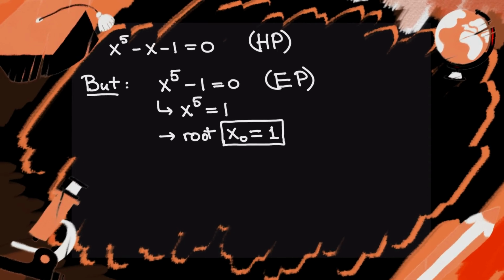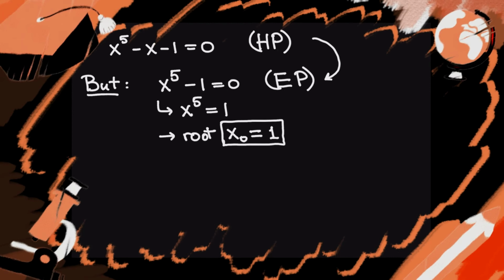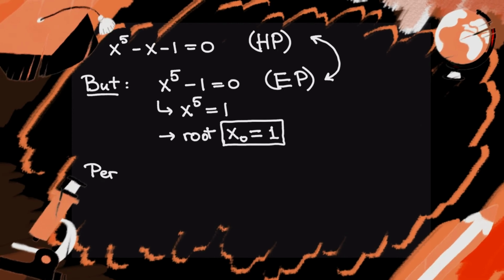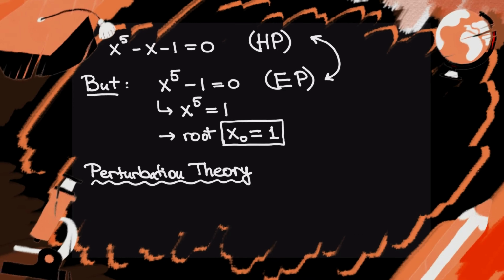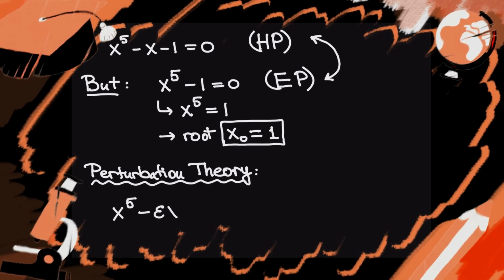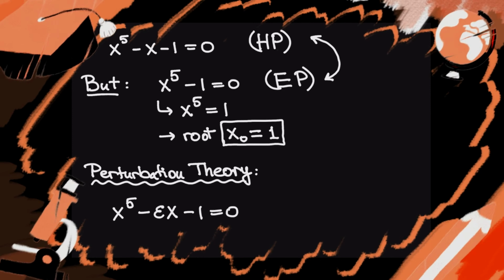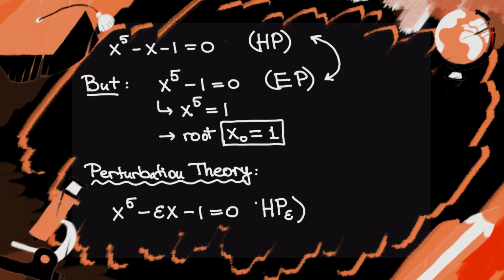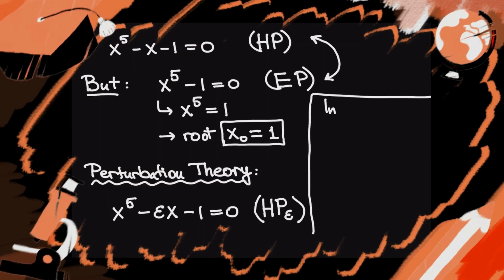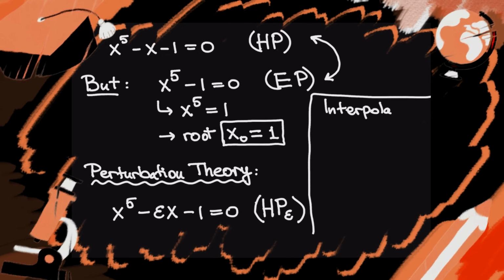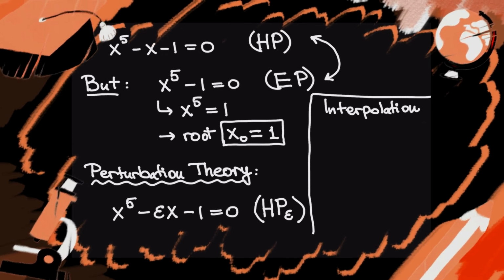Now I'm going to use perturbation theory in order to interpolate between my hard problem and my easy problem. And to do this, I will introduce my perturbation parameter epsilon in front of the linear term x. So this is my collection of hard problems. The point is that this collection of hard problems, HP sub epsilon, indeed does interpolate between my hard problem and my easy problem.